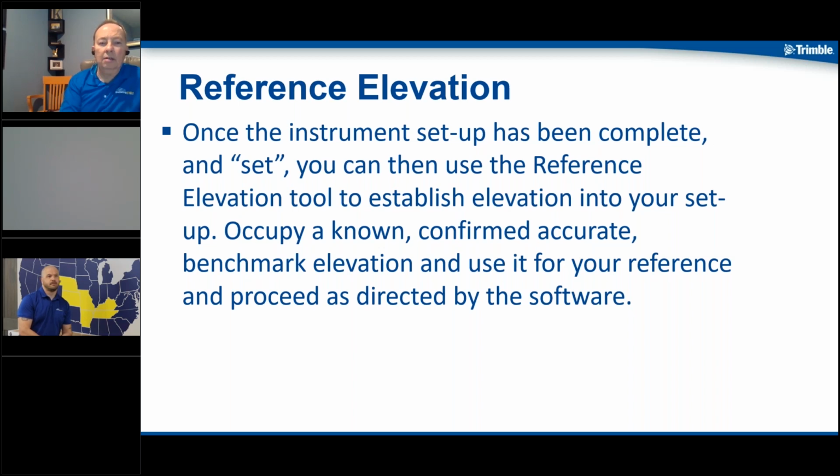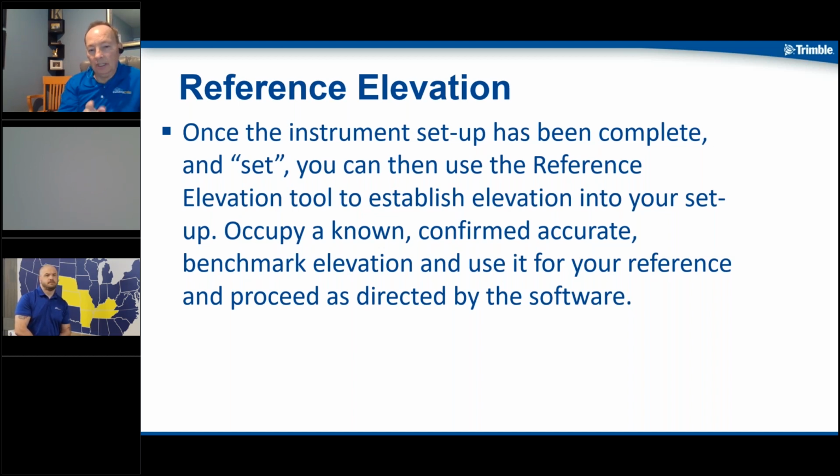To do that, we go into the software, up to devices, and drop down. We don't have a slide on that specifically, but there's a reference elevation tab right there. All we're going to do is select that tab. It's going to prompt us to take a shot exactly where that prism pole is sitting on this known point. And if our elevation is 584.62, whatever that is, we dial that into the input form, 584.62.